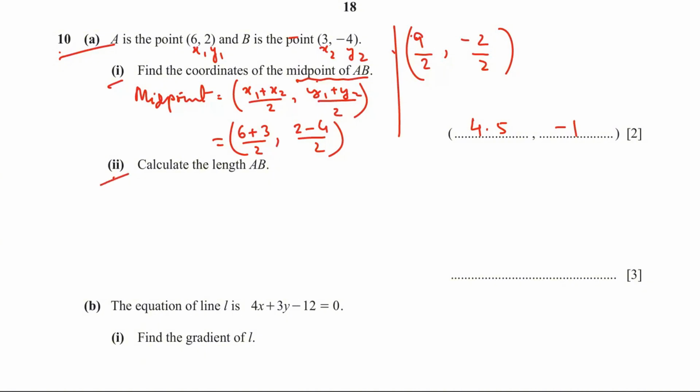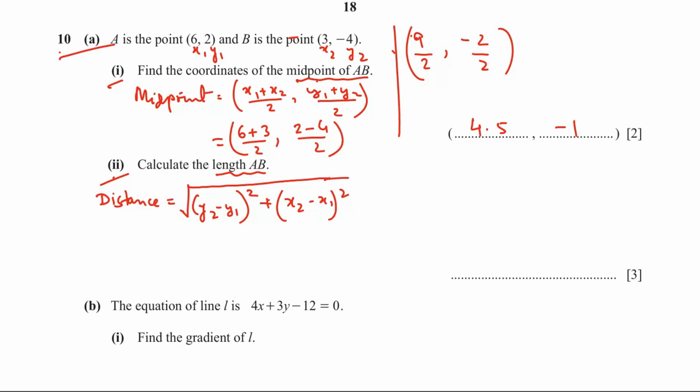Let's go to number 2. Calculate the length of AB. Again, the formula for the length, usually we write that as distance between 2 points A and B, is the square root of (y2 minus y1) all squared plus (x2 minus x1) all squared.